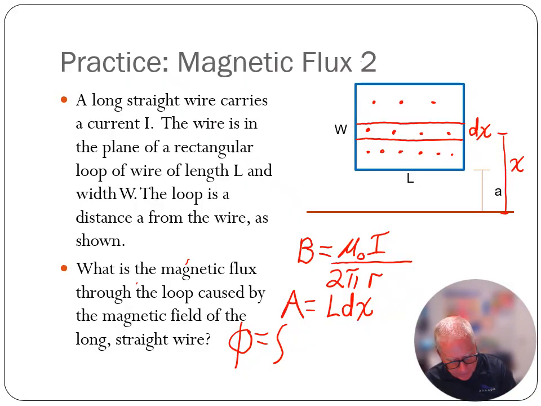So the field is mu naught I over 2 pi x, times the area, which is just L, a constant, times dx. And x is going to go from A, since the bottom side is the distance A from the wire, to W plus A.